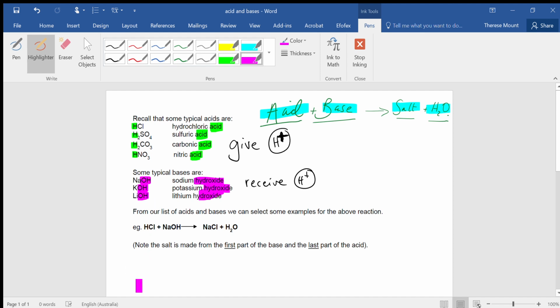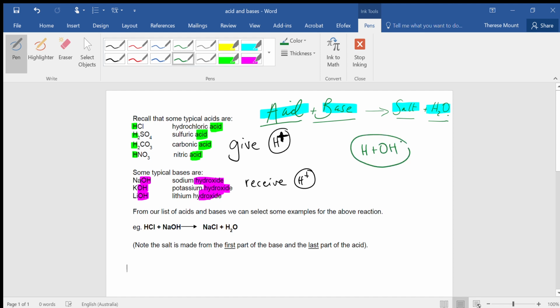So if we think about this, if these acids each give an H to a base, let's have a look at that. They're giving away an H and they're giving it to this thing called a base, which always has this OH in it.